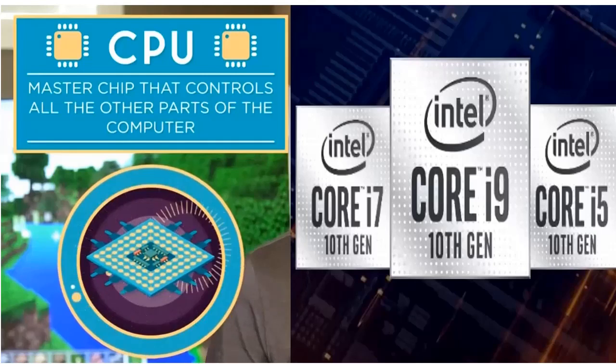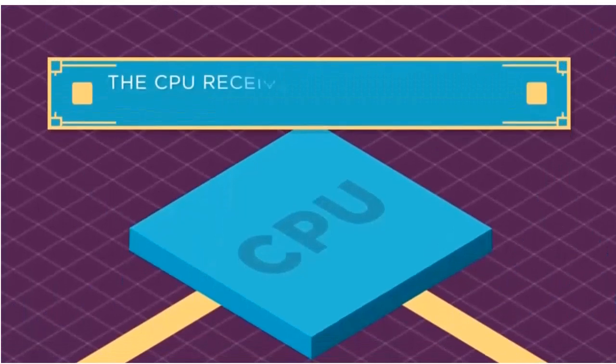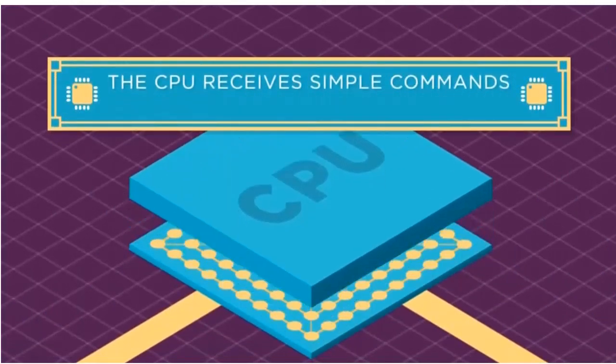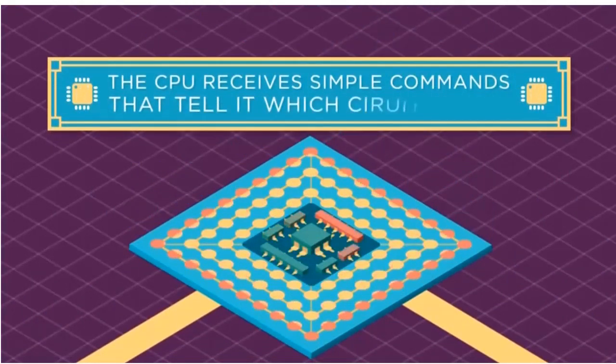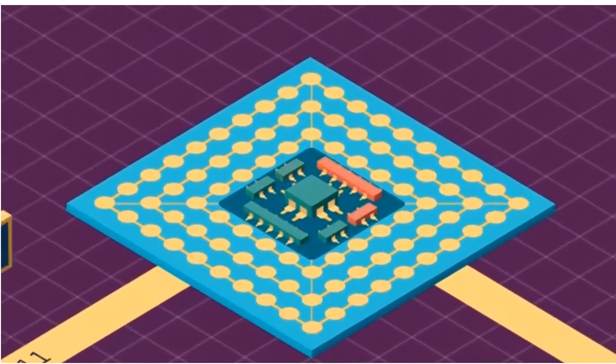Now, let us check how it works. The CPU knows which circuits to use and when to use them. For example, the CPU receives a simple command that tells it which circuit to use and when to use them.